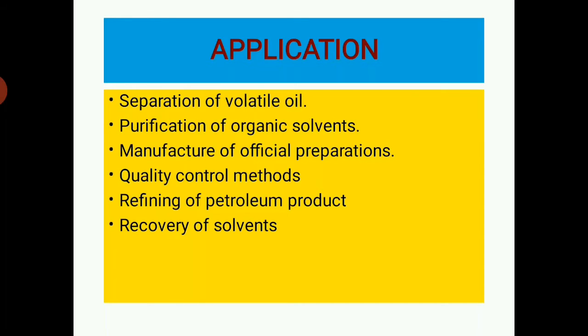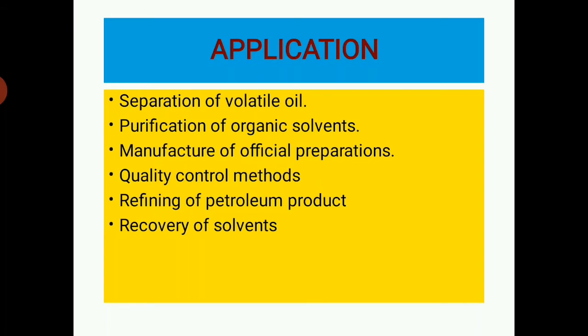So, the separation of volatile oils: volatile oils are separated from cloves, anise seeds and eucalyptus leaves by the method of steam distillation. And the purification of organic solvents: normally the simple distillation method is used for the purification of liquids having a single component as a major fraction, and it is also used for determining the boiling range of a liquid as per IP 1996 as a method to decide the purity.